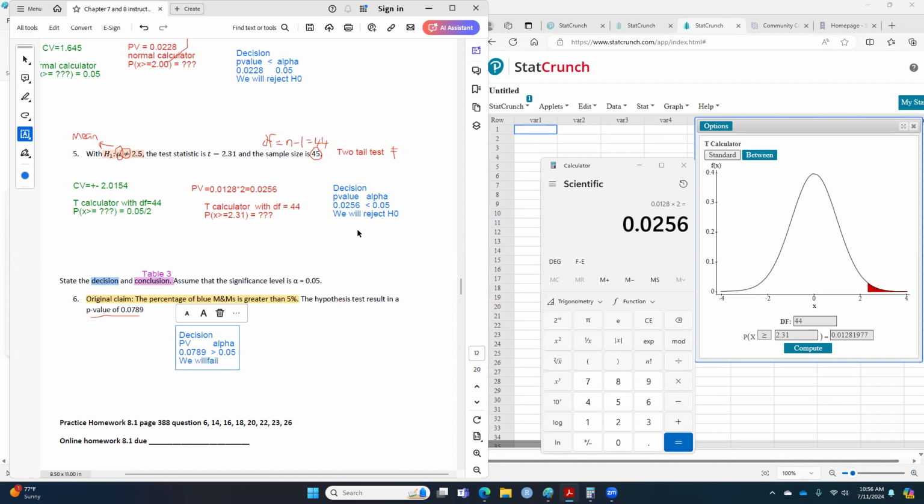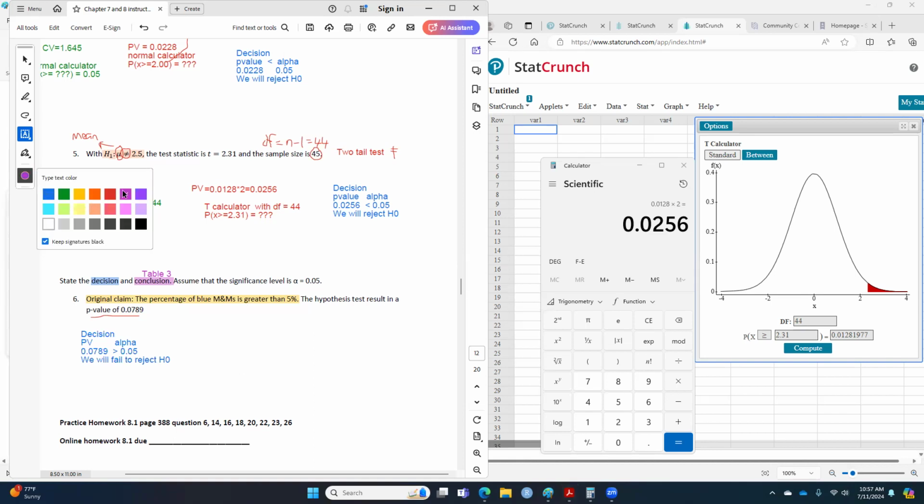So what we do is we fail to reject the null hypothesis. Instead of saying we will reject the null, we will say we fail to reject, because the p-value that you were given or found is more than alpha in this case. Okay. So this is the decision that we will make.